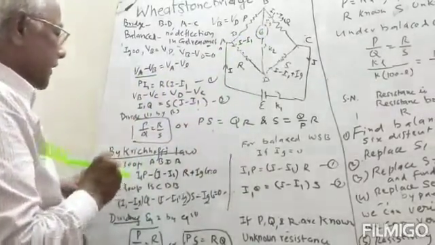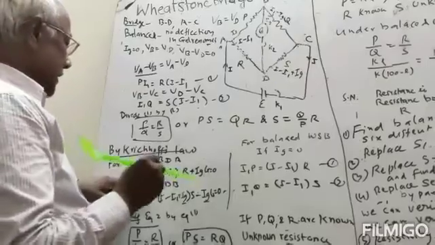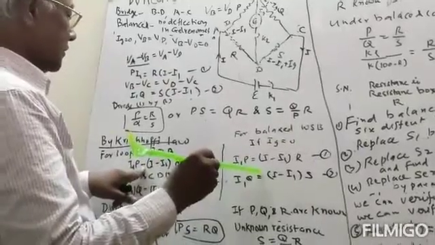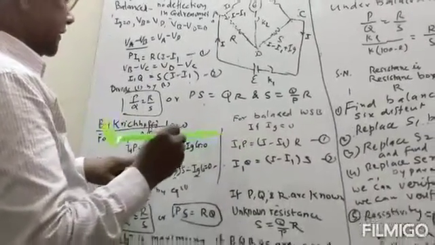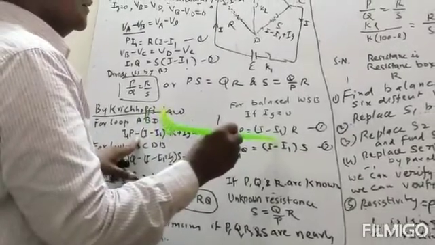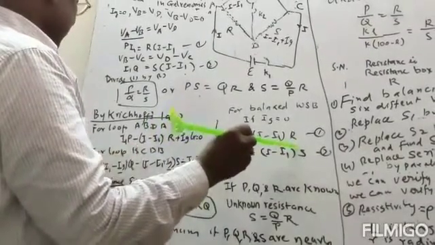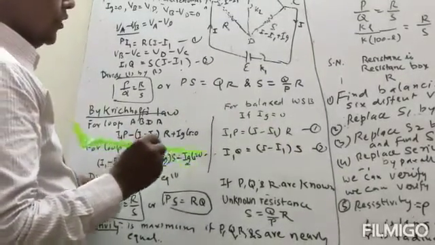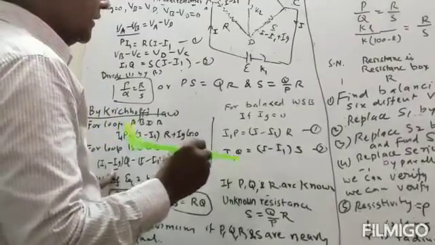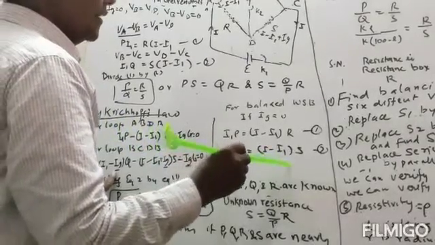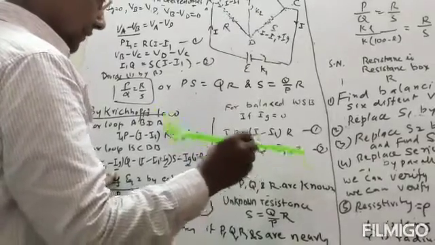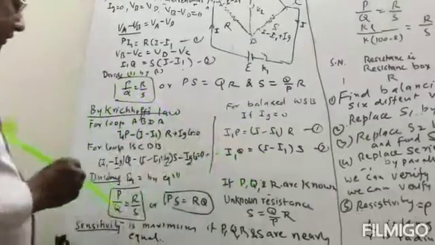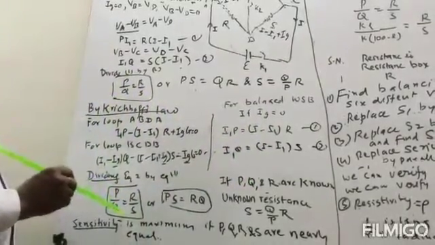So if we substitute Ig equal to 0 in this equation, then I1P is equal to, this term will be 0, we put it that side, this will be equal to (I1 minus I) into R. And here also Ig is 0, so it will be equal to I1 into Q, which is equal to (I minus I1) into S. So if we divide, I1 will cancel, so P by Q is equal to R by S, the same condition will be there.